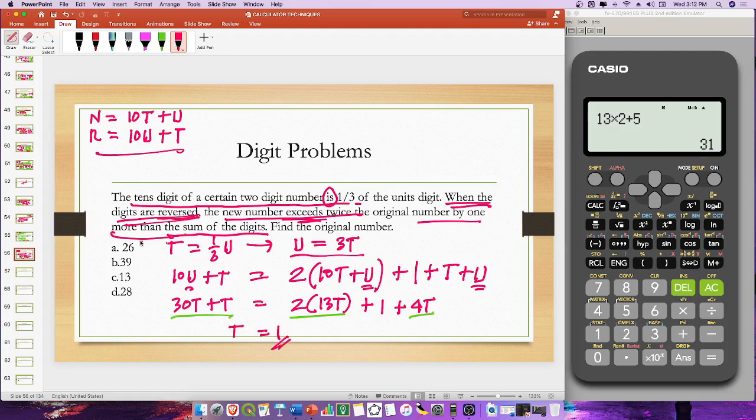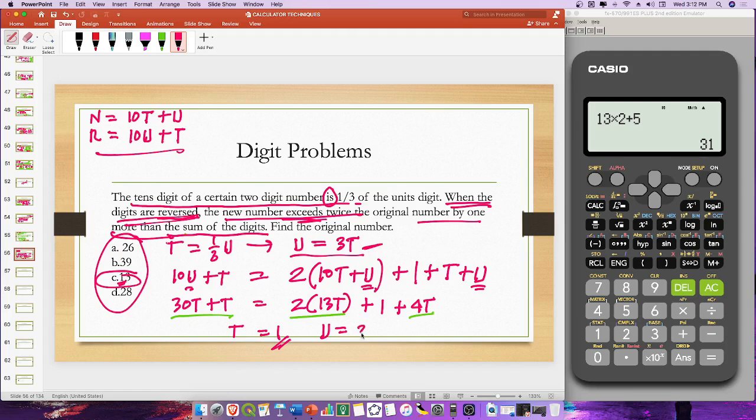So from the choices, you can see that the tens digit equal to 1 is from this choice, 13. So let's try the unit digit. Let's solve for the unit digit. Where are we going to use? Here. So the unit digit can be solved using that equation.